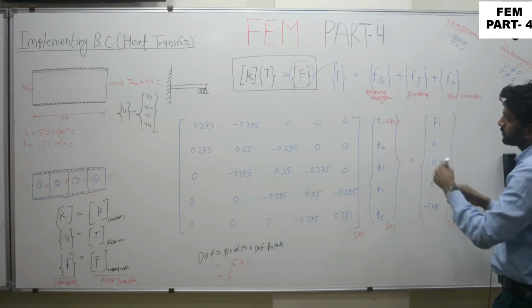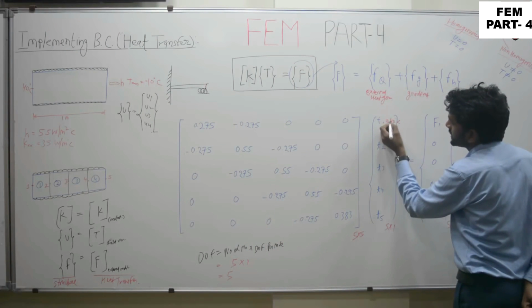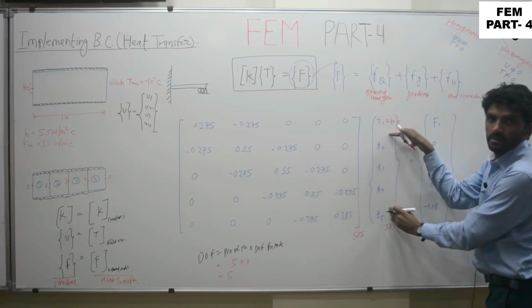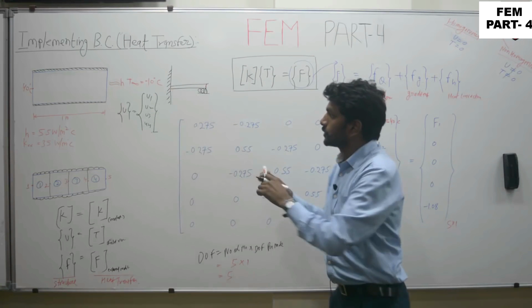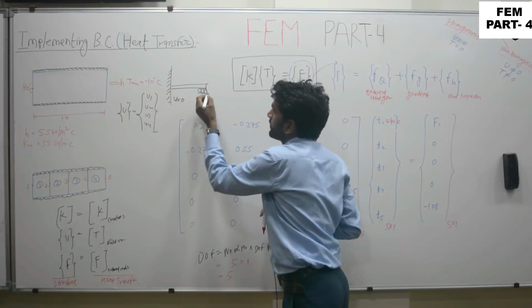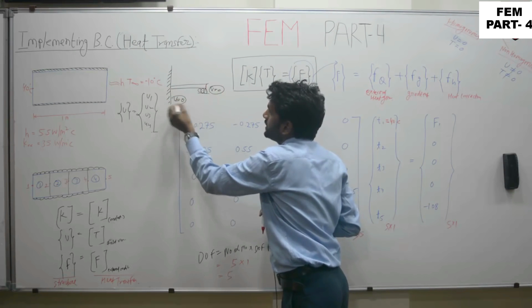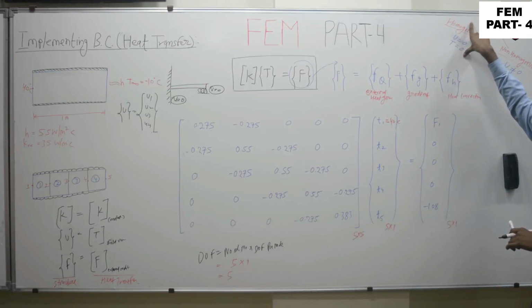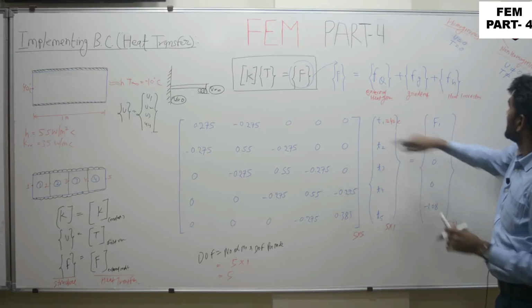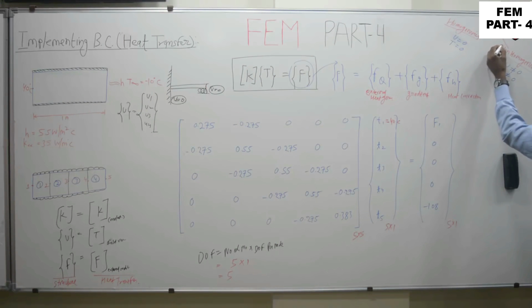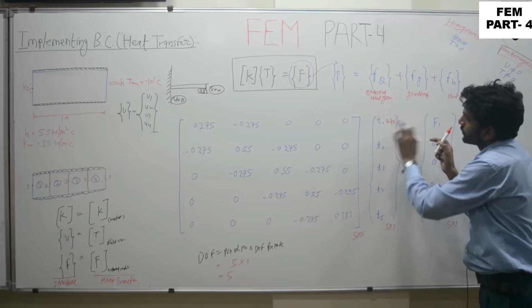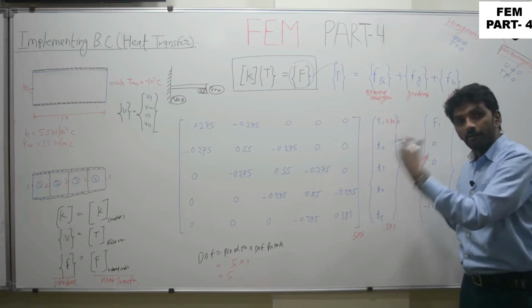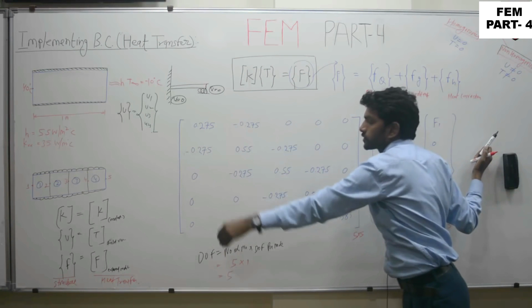It means we need to seek the contribution of 40 degrees centigrade at T1 to the other nodes. In a structural problem, u is equal to 0 at a particular point, and 0 means we were having the homogeneous boundary condition, but if u or T is not equal to 0, it comes under non-homogeneous boundary conditions. To implement the boundary condition, we need to seek the contribution of this 40 degrees centigrade on the other elements. After that, we can remove the corresponding row and column.